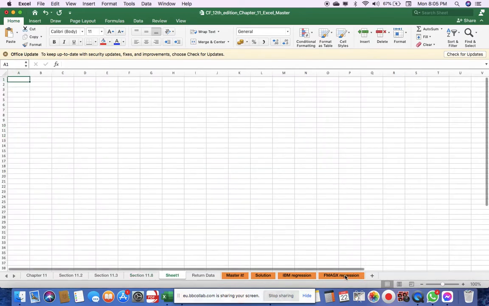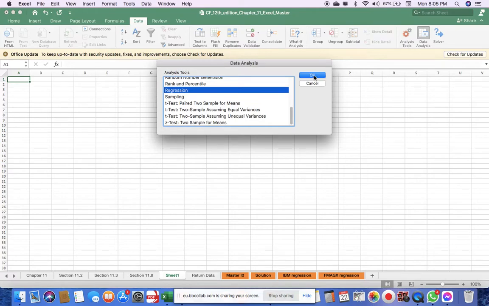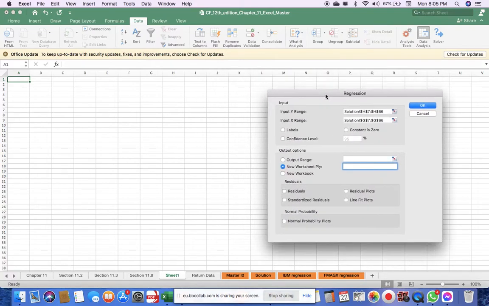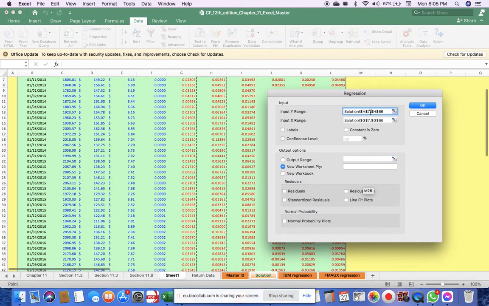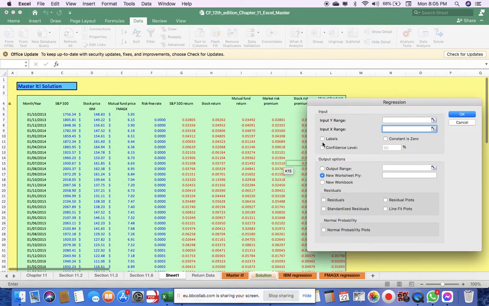For example, I will add one sheet here. Then I will go to Data, then Data Analysis, Regression. Okay, it's asking me which series of data you want to use. Say for example, we will calculate the regression for IBM stock.